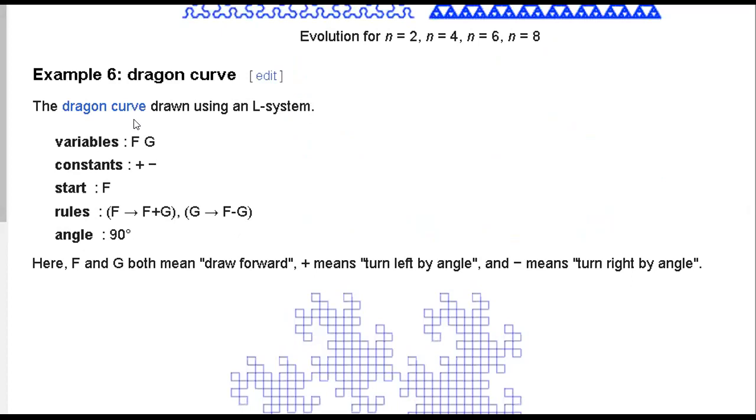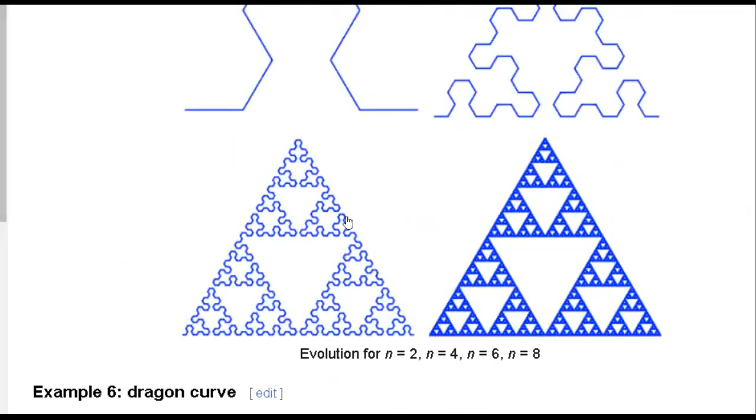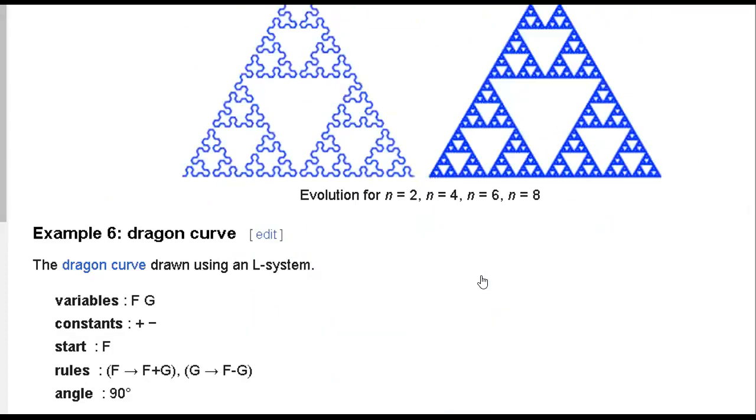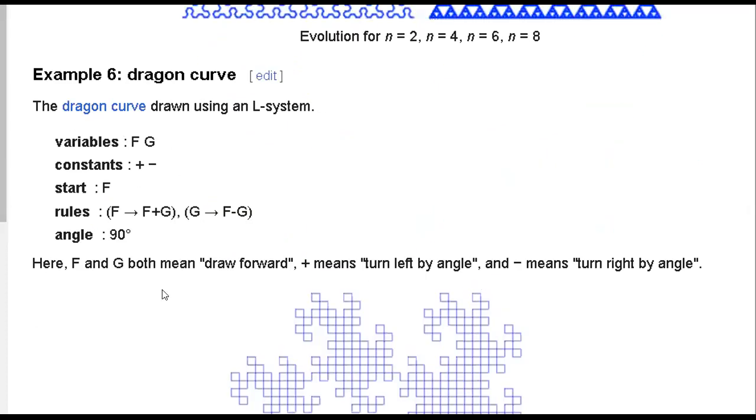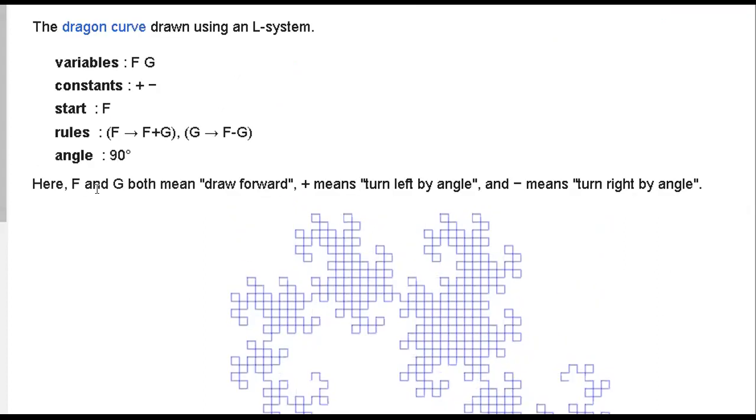And dragon curves. If you have time, you can play with these. After today's session, you can generate these yourself. The dragon curve: move forward and turn by this angle.